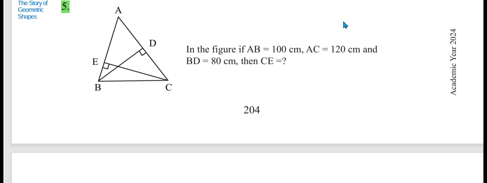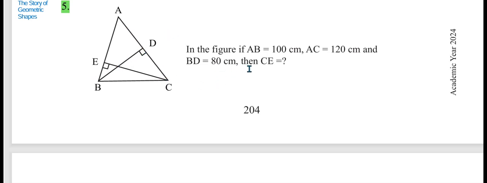So we can start question number 5. Here there is a stem with figure, and the figure says ABC is a triangle, and in this triangle the length of AB is 100 centimeter, length of AC is 120 centimeter, and length of BD is 80 centimeter, and BD is vertical on AC.